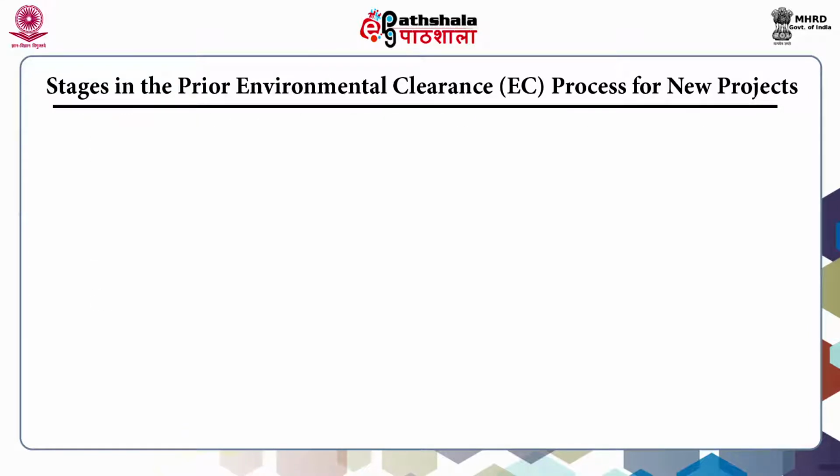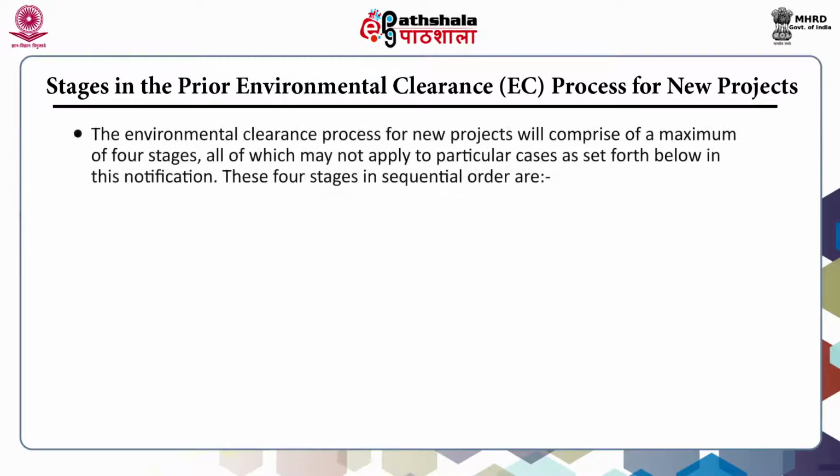Next, stages in the prior environmental clearance process for new projects. As per this notification, the environment clearance process for new projects will comprise of a maximum of 4 stages, all of which may not apply to particular cases as set forth in this notification.